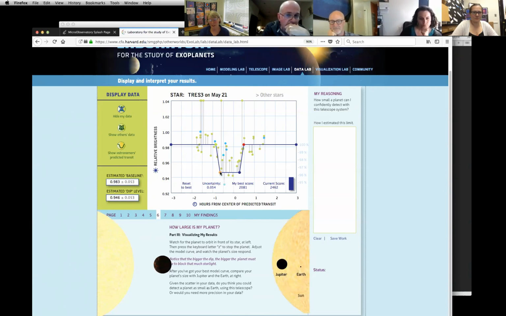It's also telling you, if you've got a telescope like this with all this noisy data, could I make a measurement of an Earth-sized star? No, right? Not with the MicroObservatory telescopes. That's why we need telescopes in space to get rid of this noise, have more signal and less noise from all the things that cause this messiness, which include twinkling, right? Stars twinkle.